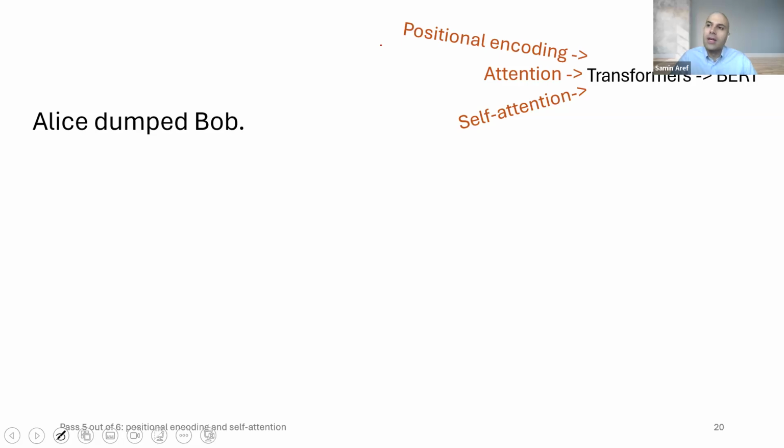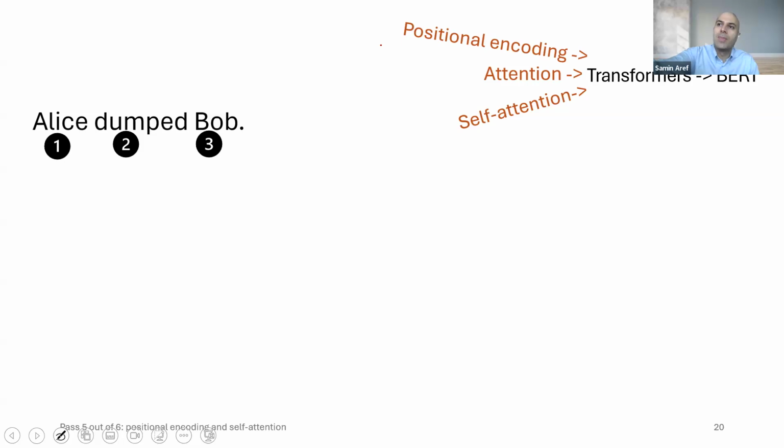So what we're going to do is attach indices representing the position of the words in the sentence. When we try to represent Alice as a vector, it wouldn't be just a vector representing the word Alice, but a vector that represents both the semantic meaning of Alice and the position of this word in the sentence, which is position 1.